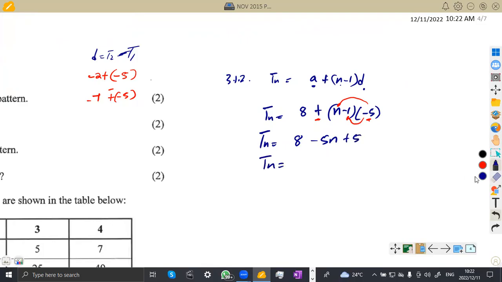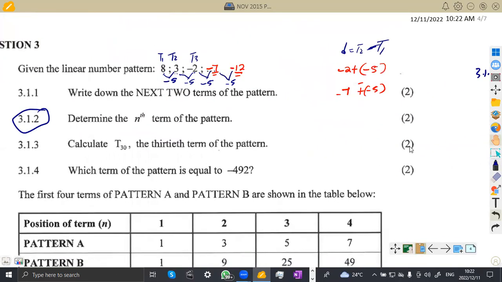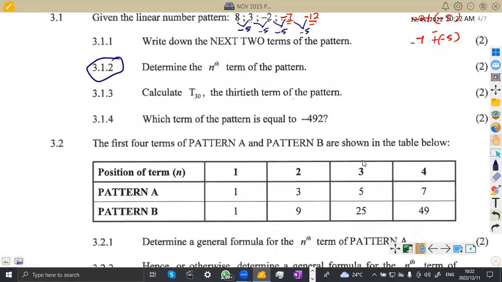So Tn is going to be, we collect the like terms, 8 plus 5, which is actually 13. So we are going to remain with minus 5n plus 13. So take note, it's a linear expression, and the common difference can be given in so many ways. I'll explain those methods in different videos.